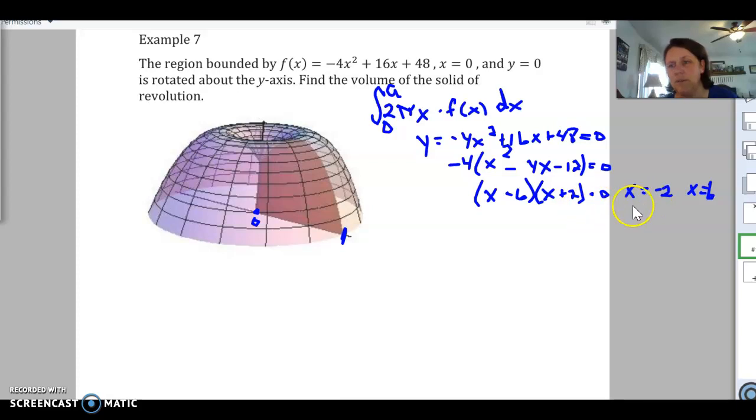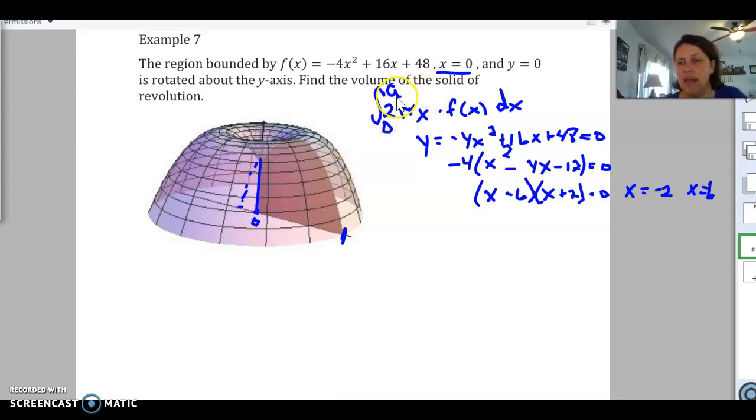This negative 2 here is not going to help me any because it is past where it would come down over here. And we are only looking from 0 because it states up here we have x equals 0. So that x equals 0 line also needs to be adhered to. All right, so that's why we know we can start at 0 at the bottom.